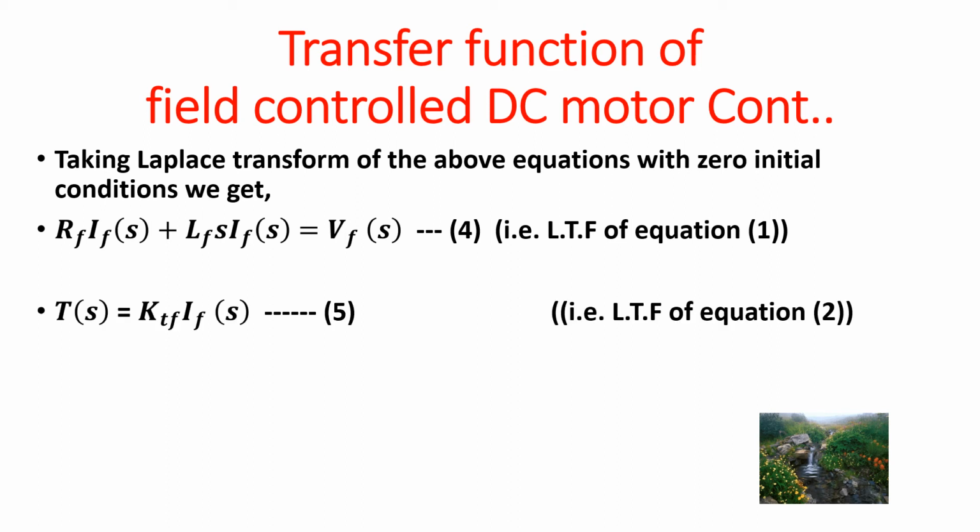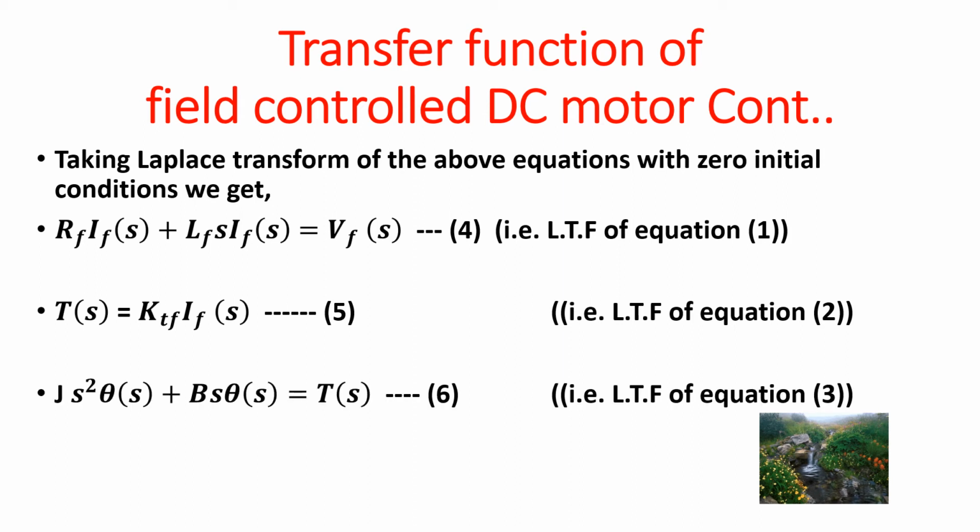If we take the Laplace transform of equation 2, we get T(s) is equal to K_Tf I_f(s). This is equation 5. And if we take the Laplace transform of equation 3, we get J s squared theta(s) plus B s theta(s) is equal to T(s). This is our equation 6.